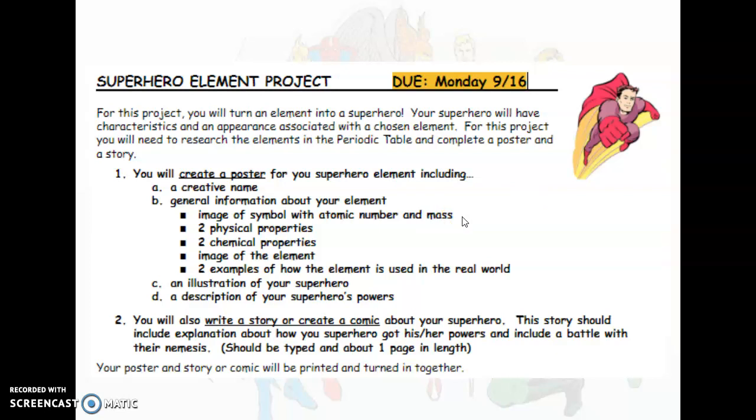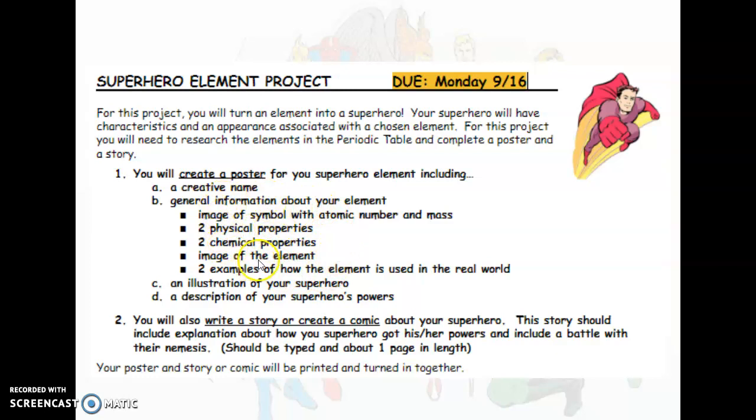We should see an image of that square. Also two physical properties and two chemical properties about your element, an image of your element in its natural state, and you can have multiple images of your element, and two examples of how the element is used in the real world. So that's the general information on the element that you choose.